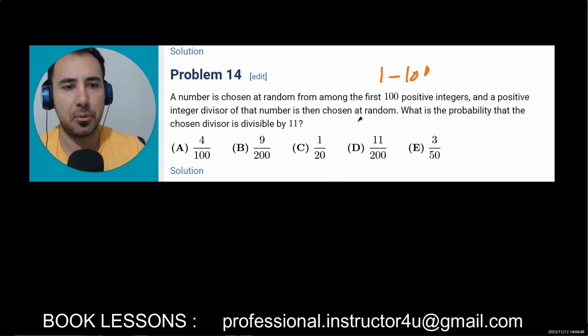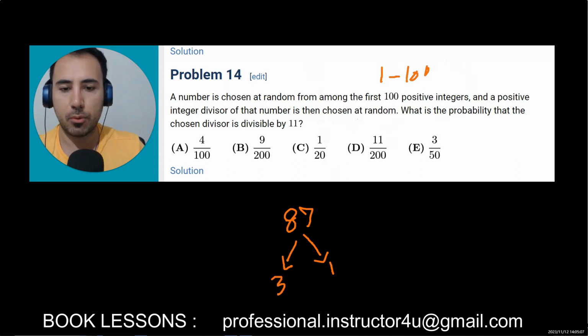For example, imagine I pick 87. So what are divisors of 87? It could be 1. It could be 3. We select one of them again, one of the divisors.